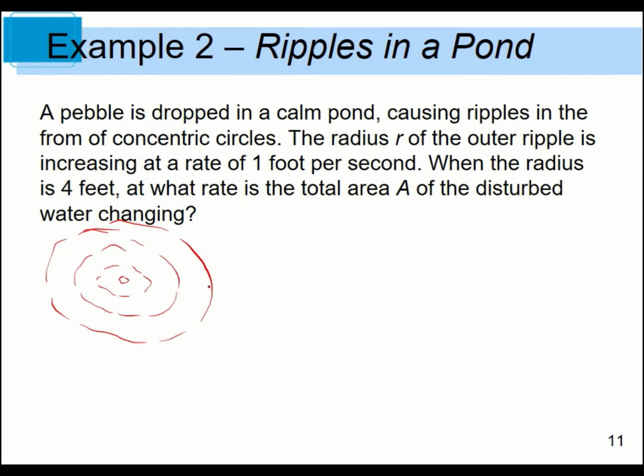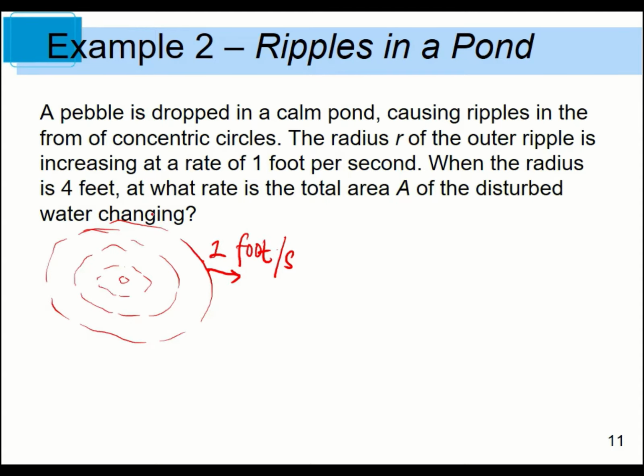As the ripples increase, the outer ripple increases at the rate of 1 foot per second. The English people always use feet, right? So we have 1 foot per second.